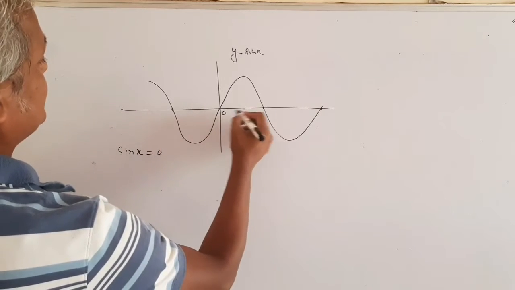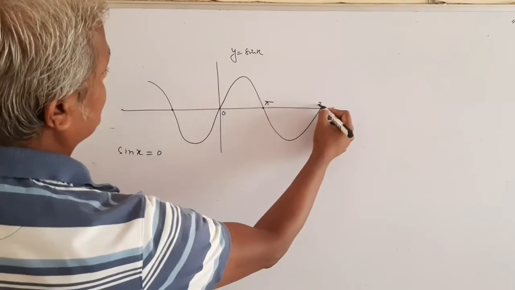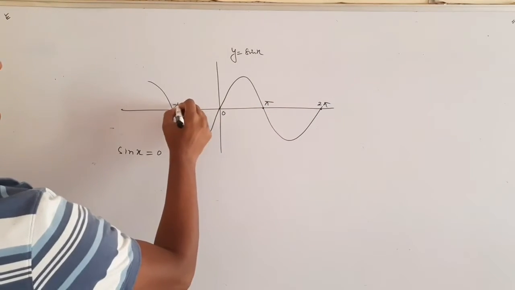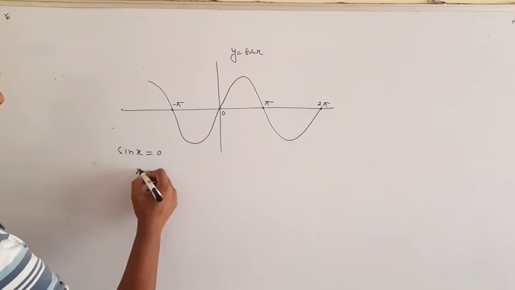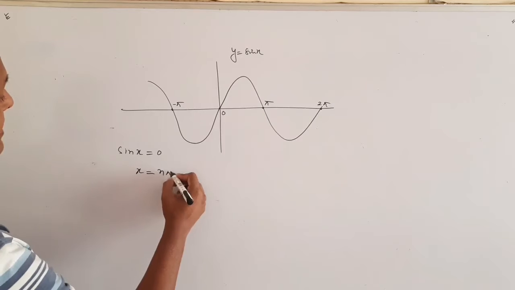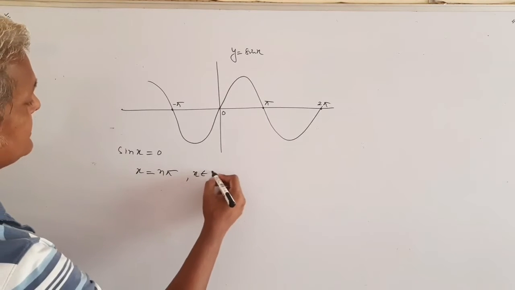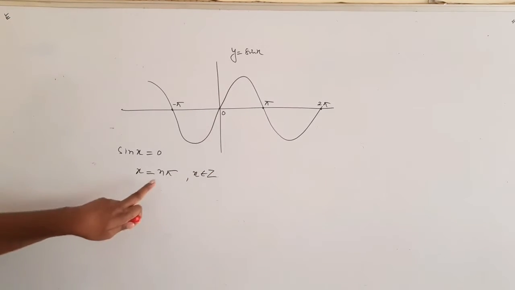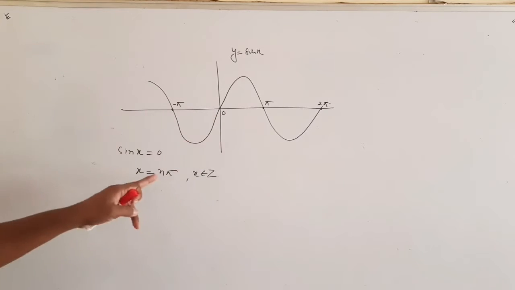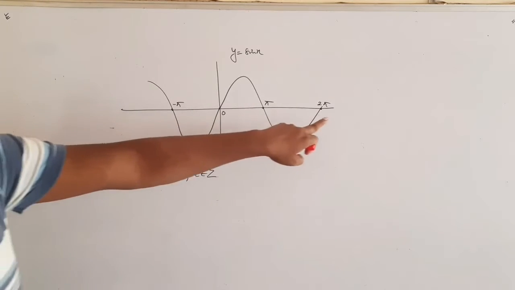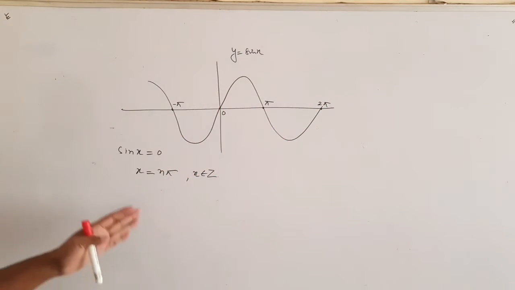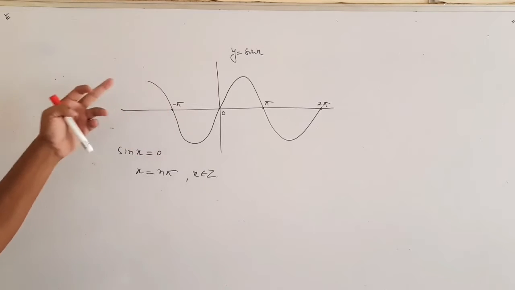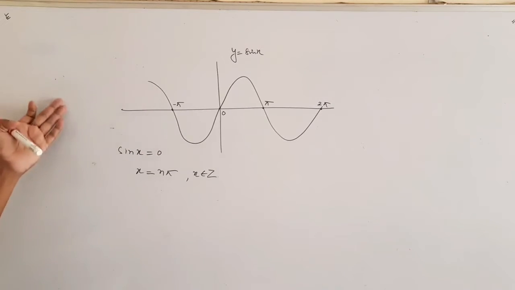And what are these values? This is 0, this is pi, this is 2 pi, and this is minus pi. So we say that if sin x equal to 0, then x is equal to n pi, where n is an integer. So n is an integer means 0 pi is 0, 1 pi, 2 pi, 3 pi, 4 pi, 5 pi, 6 pi, everywhere where n is an integer, all these are 0. Also minus pi, minus 2 pi, minus 3 pi, minus 4 pi, like that.